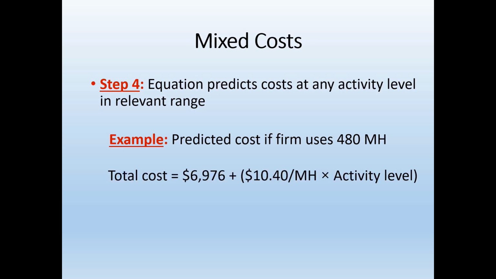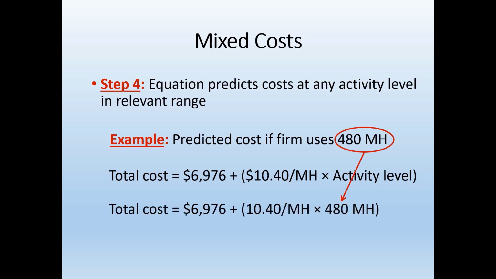We start with our formula that we generated on the previous slide, where we've substituted total fixed cost for A and the variable cost per machine hour for B. Now we substitute 480 machine hours for the activity level, and that gives us an equation that will estimate the total cost to take care of the machines.